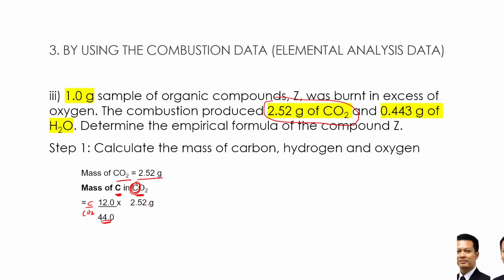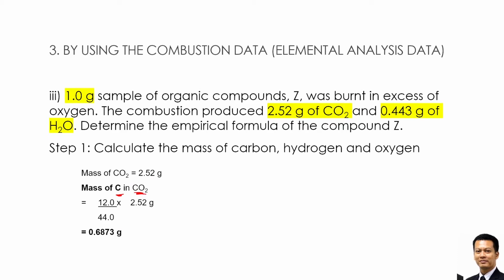I hope you are clear about that. So the amount of carbon in CO2 that has been produced in 2.52 gram is actually 0.6873 gram. That is the mass for carbon.